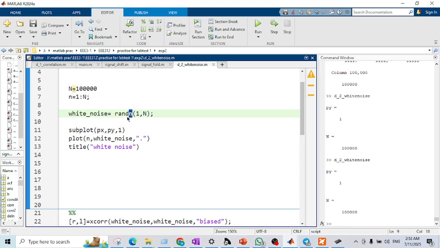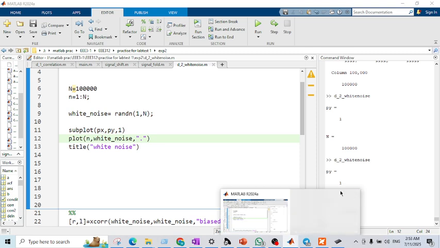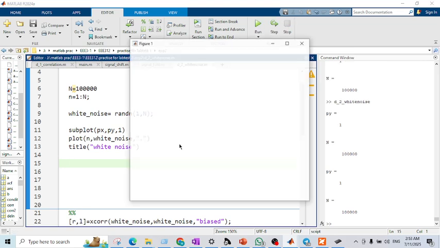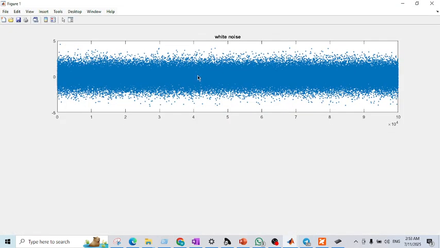That means if you take the mean or average of all the values of that white noise, you will get 0 and you will get standard deviation 1. So this is actually the white noise. And now if you try to plot this white noise, you will see something like this.